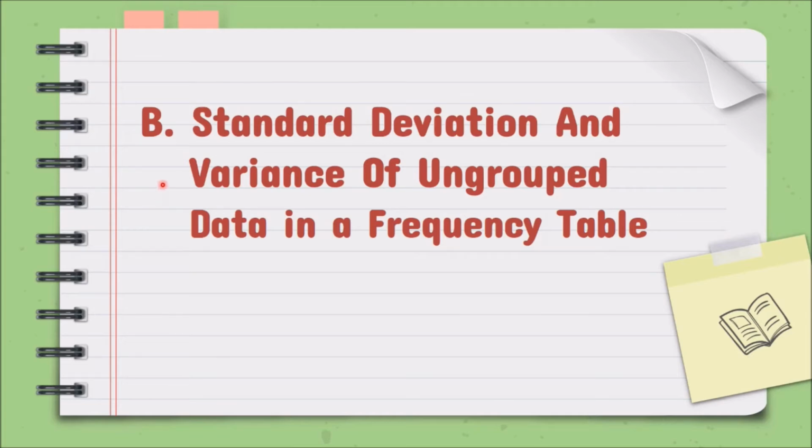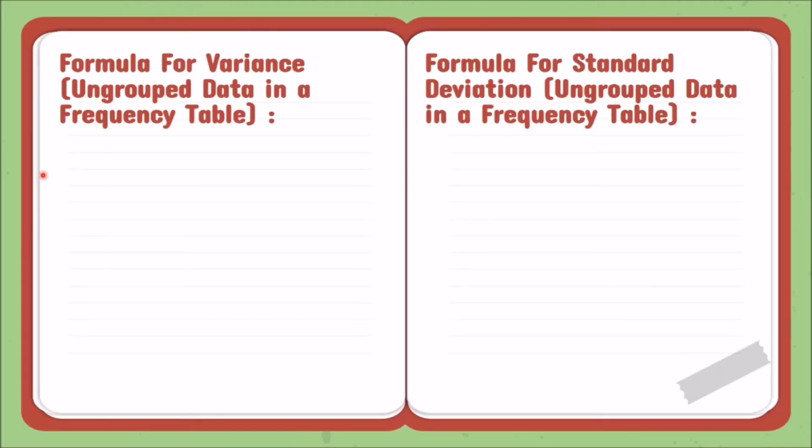Standard deviation and variance of ungrouped data in a frequency table. So in this part B, we are going to learn about the variance and standard deviation for ungrouped data in a frequency table. So what is the formula for variance of ungrouped data in a frequency table?